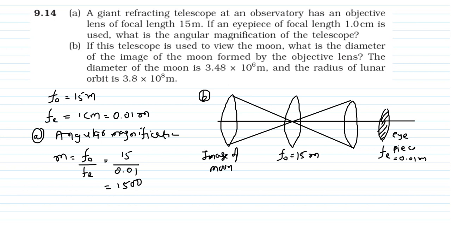This angle will be alpha, and this angle will also be alpha, right? You can say this distance is d.